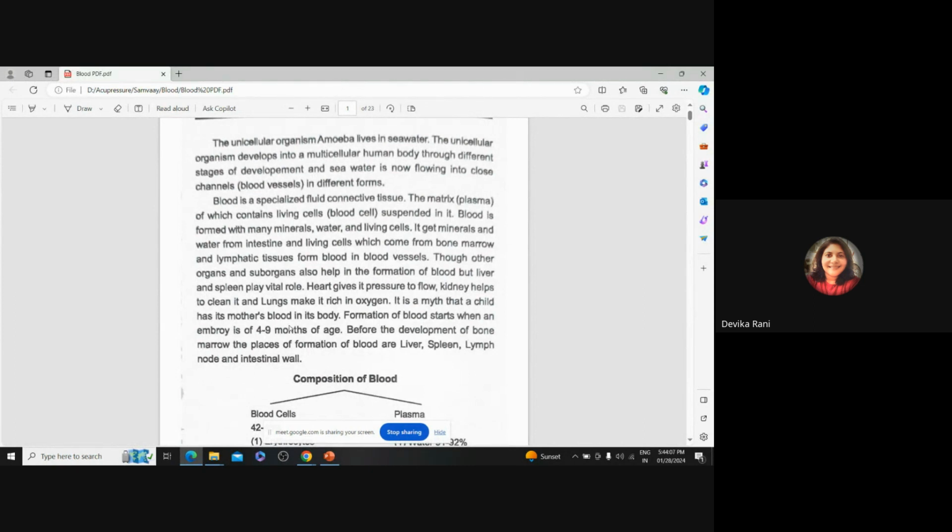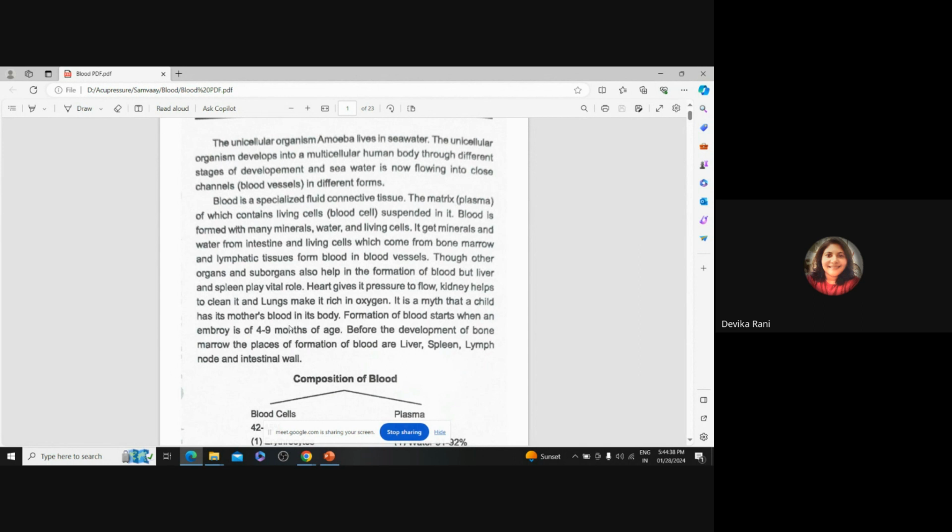So when we talk of nutrition, the blood carries the nutrient elements which need to go to the cell. So how do they get into the blood? Then it is also a fluid, so it has water also. From our digestive system, you will learn that in more detail later.